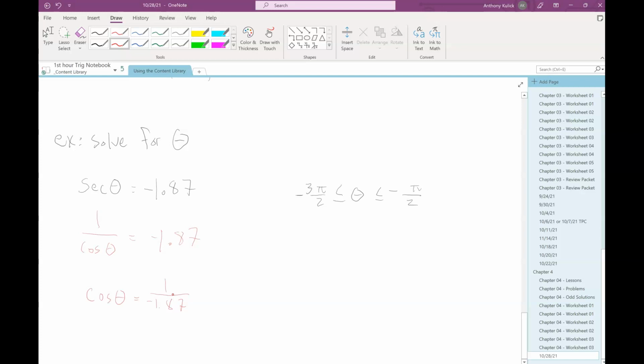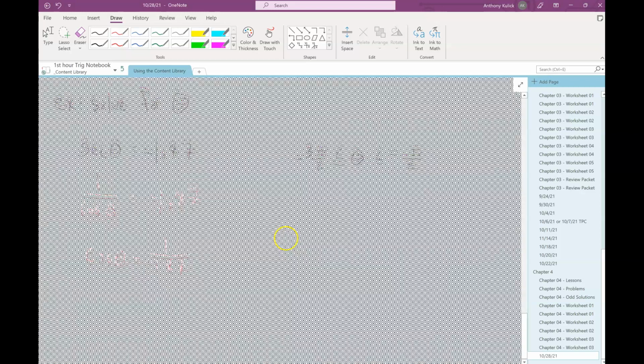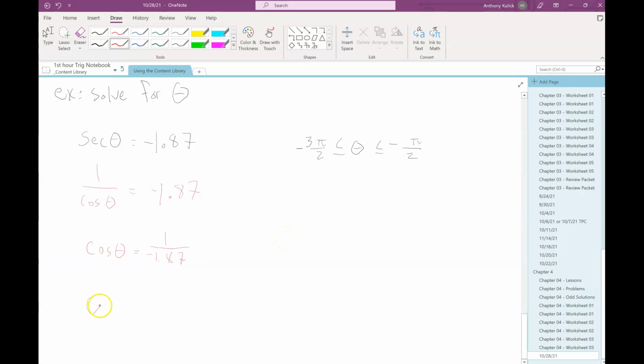Everybody's okay with that? It's okay to do that because I know that neither side is 0. Then I'll do cosine inverse of both sides. So that's what I'm going to be dealing with.